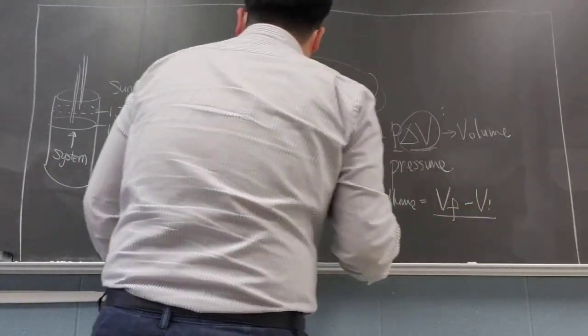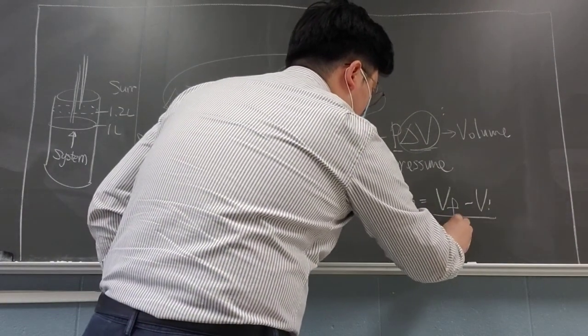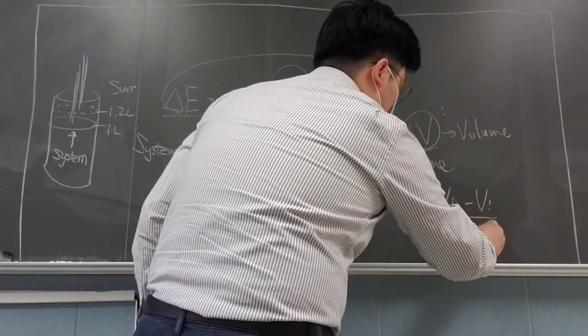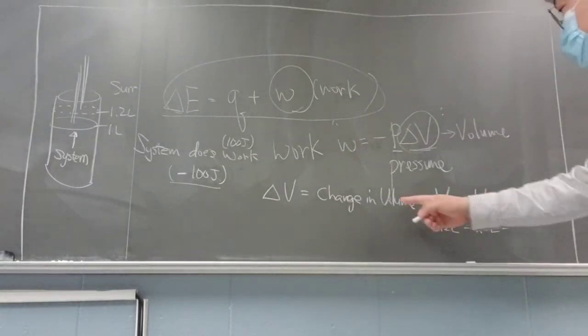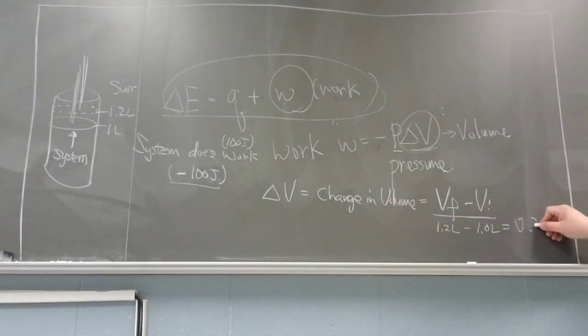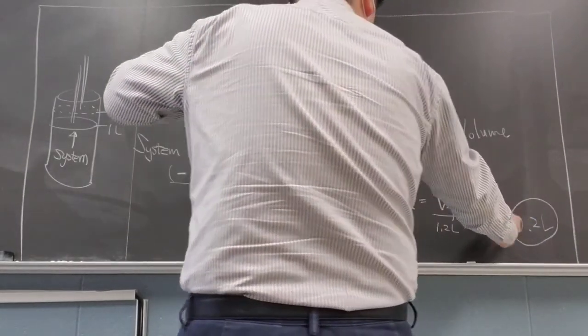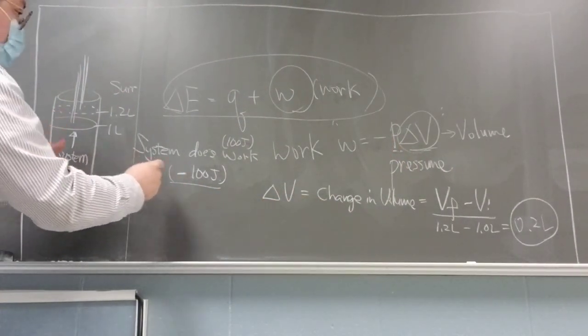So if you do this here, the final volume is 1.2 liters because it did expansion, minus the initial volume of about 1 liter. So the change in volume will be what? 0.2 liters.